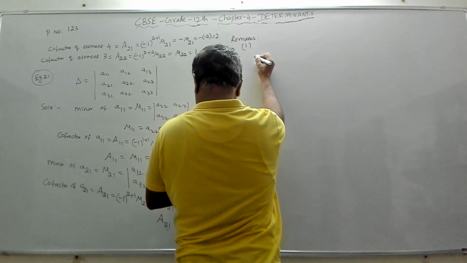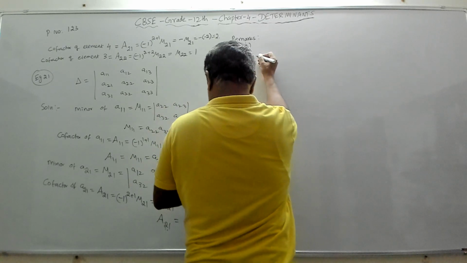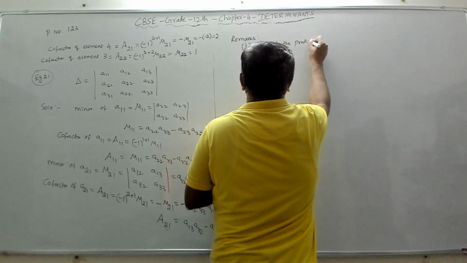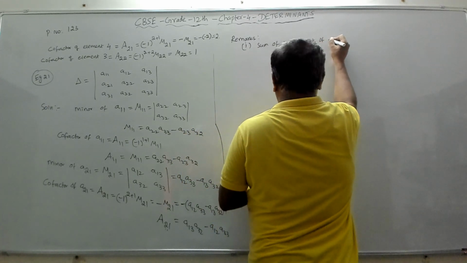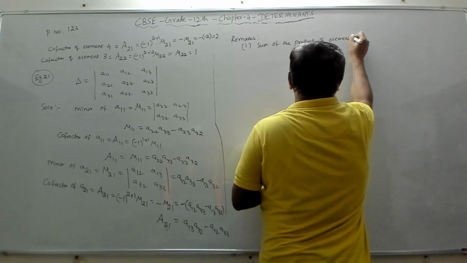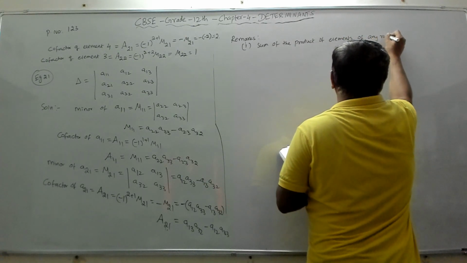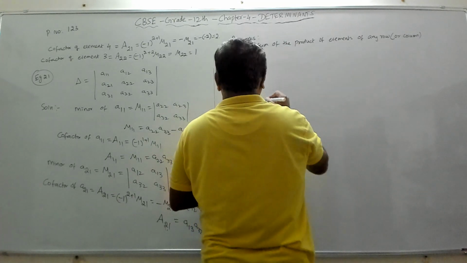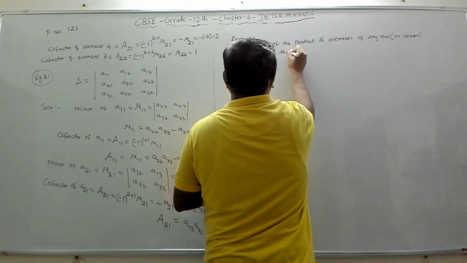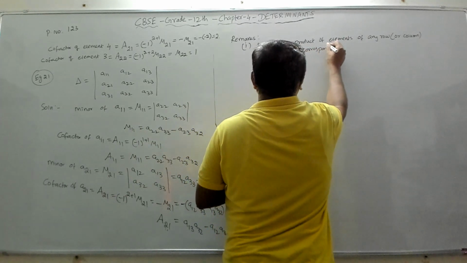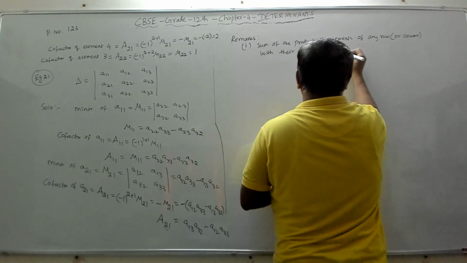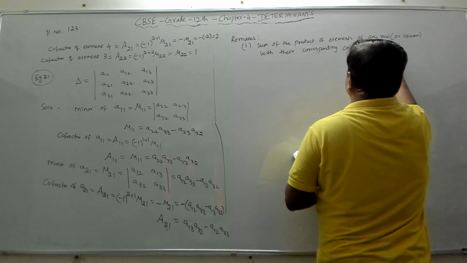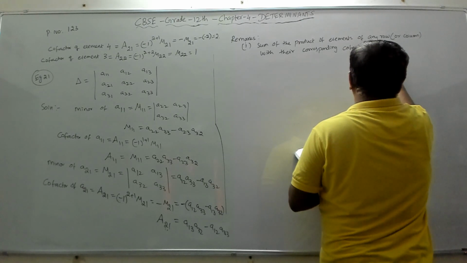First remark says that the sum of the product of elements of any row or column with their corresponding cofactors is equal to the determinant.